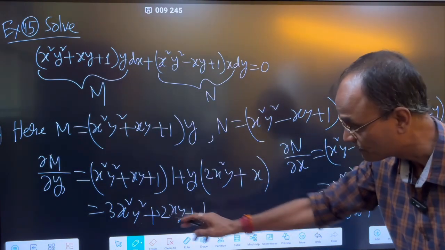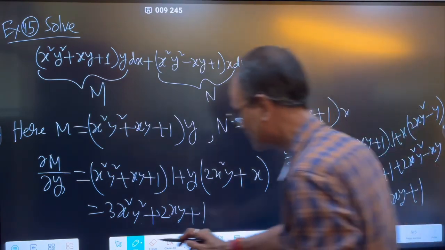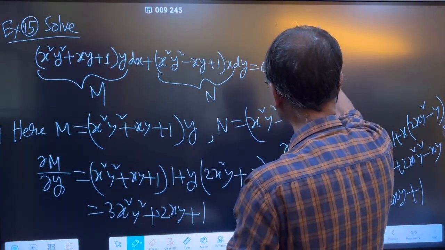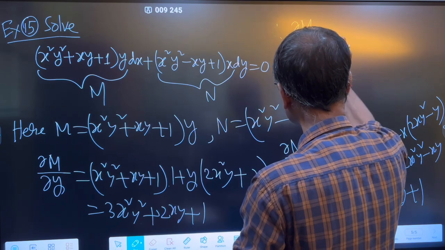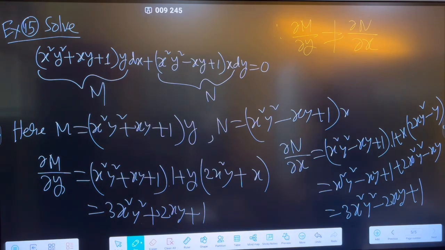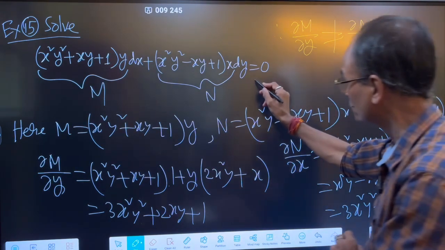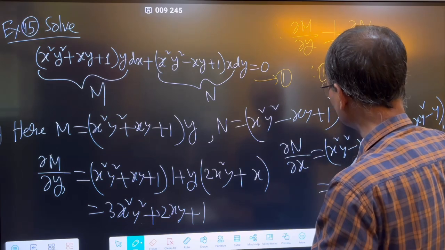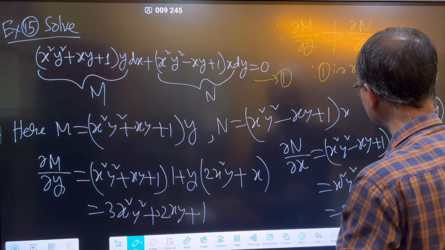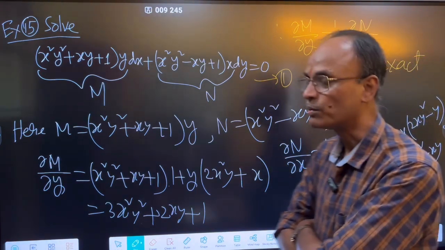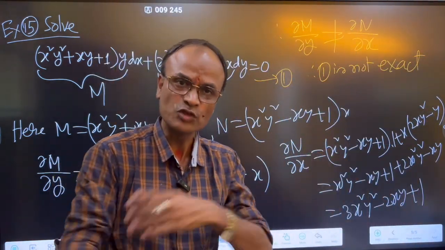You see, therefore del m by del y is not equal to del n by del x. Therefore the differential equation is not exact.